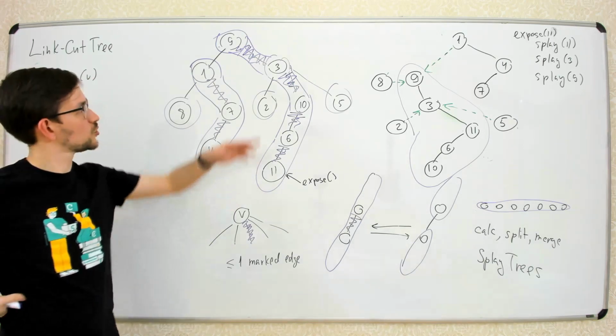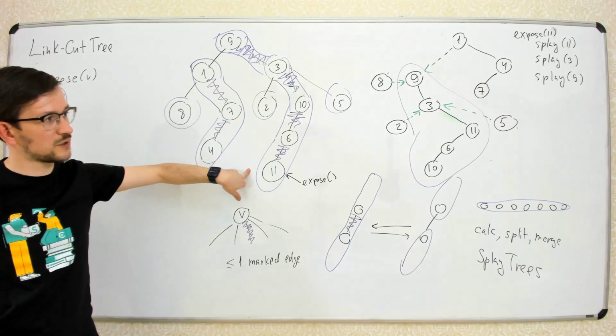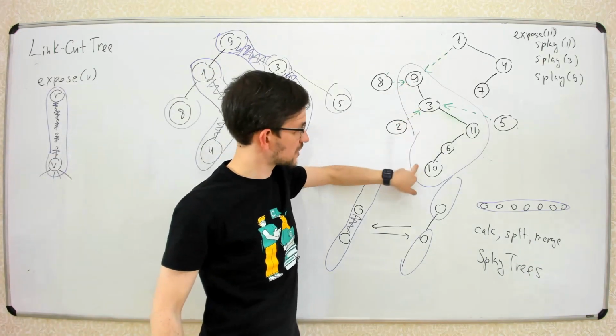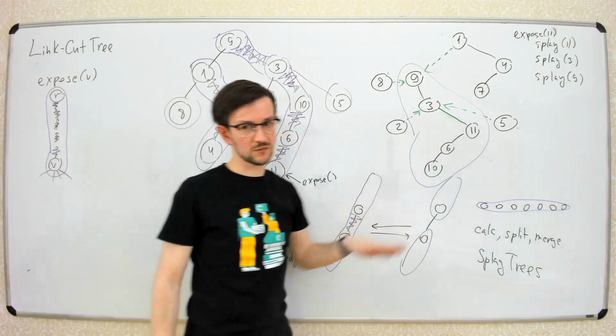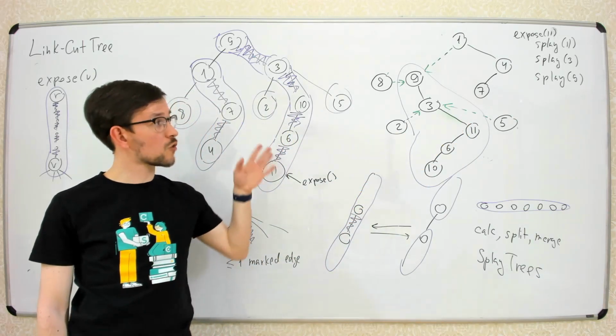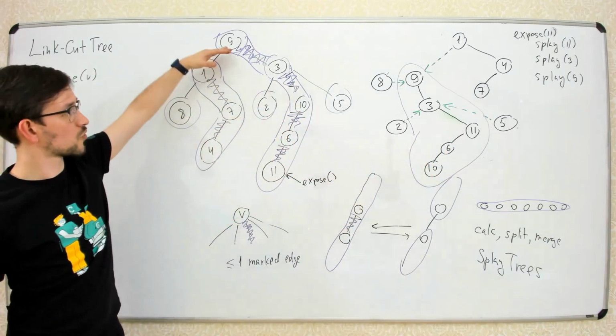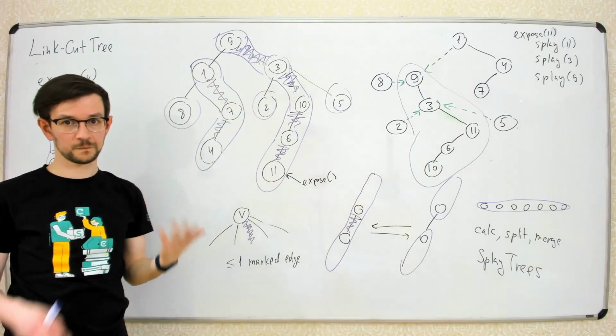Again, let's check. So in this path we have nodes 9, 3, 10, 6, and 11. And here we have 9, 3, 10, 6, and 11. In the correct order. So the order of these nodes, again, from left to right, is the same as the order of these nodes from root to the leaf.